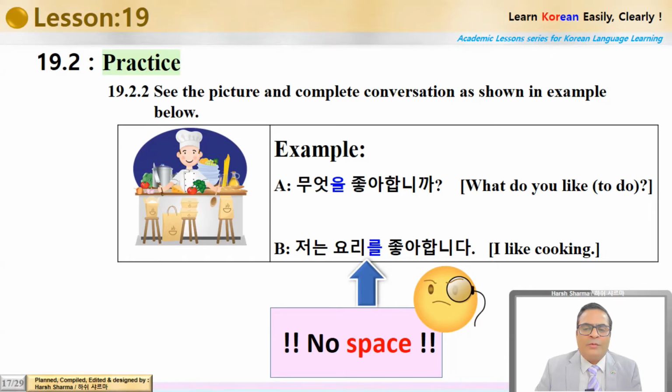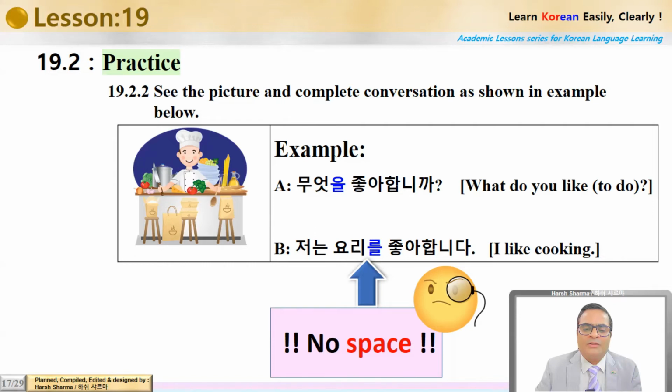What do you like to do? Of course, as a hobby, we are learning hobbies now. You can see in the sentence muot. Muot meaning is what. What is also a noun. Pachim is there, so we have added ul. 무엇을 좋아합니까? B. 저는 요리를 좋아합니다. I like cooking.